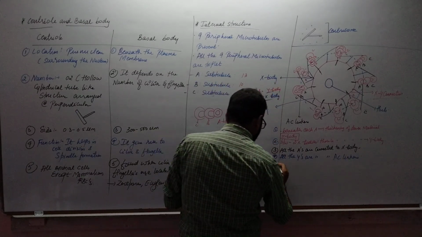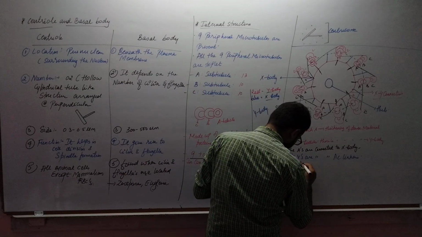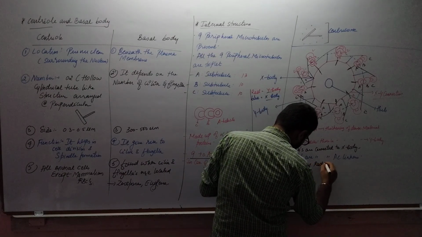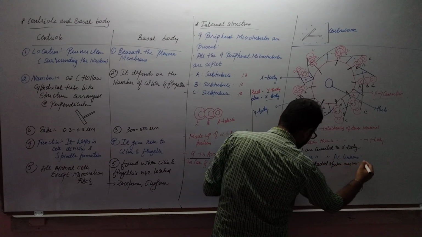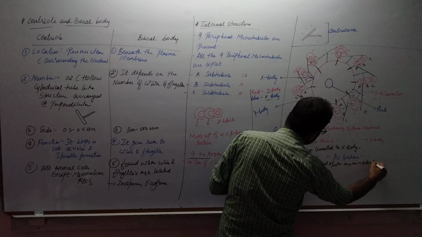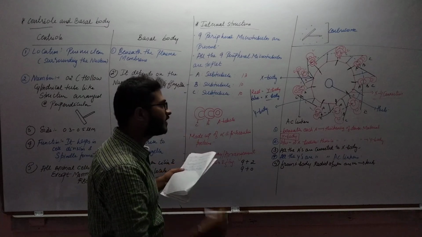Right? Fifth, what I have to write? From X bodies radial spokes arise and go to the main central proteinous structure, which we call the hub.